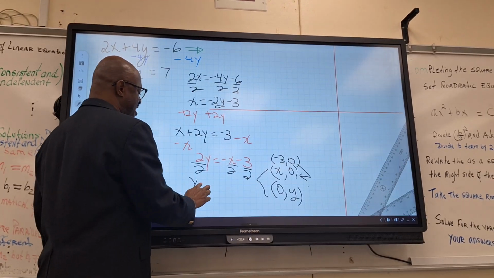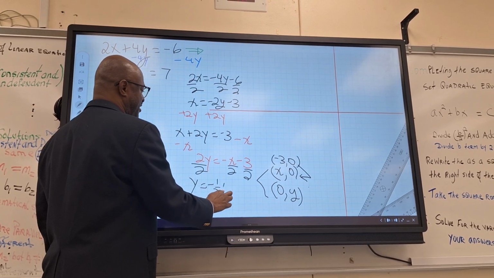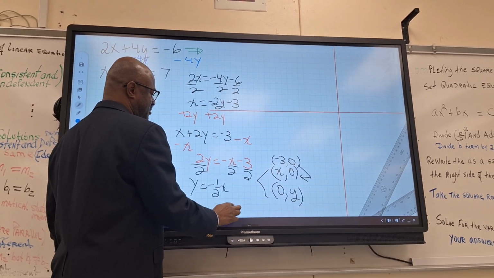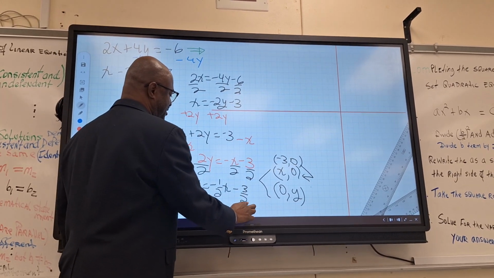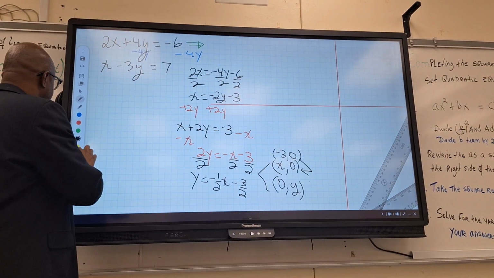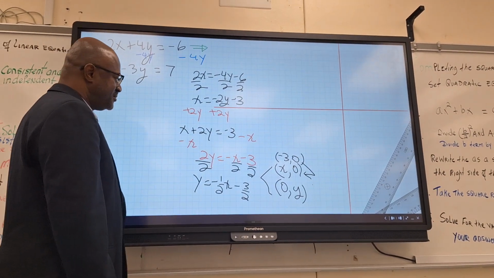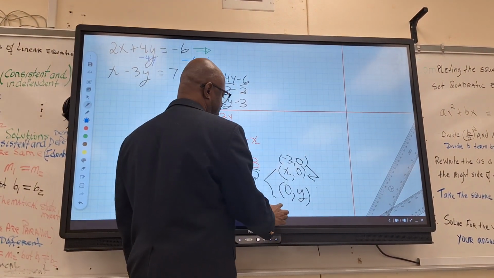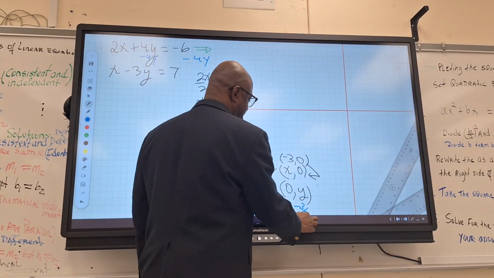In this case, we'll have y equal negative 1 half x minus 3 halves. Then that will be your y-intercept. And how will you write it as an ordered pair? 0, comma, negative 3 halves. Alright, 0, negative 3 halves.